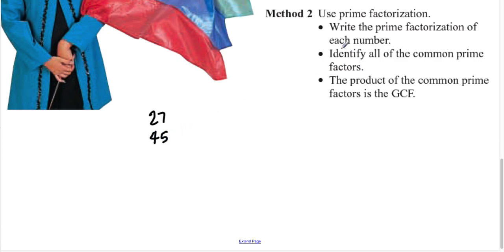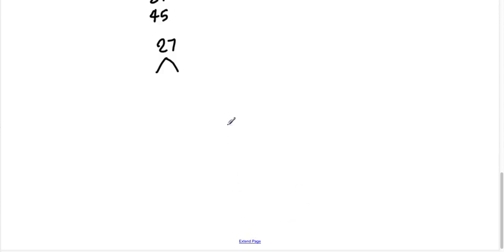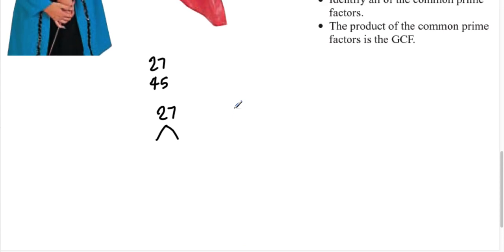It says there, write the prime factorization of each number. So we get 27, and we do our factor tree. In our factor tree, get any two factors of 27. Any two factors of 27 will be 3 times 9.